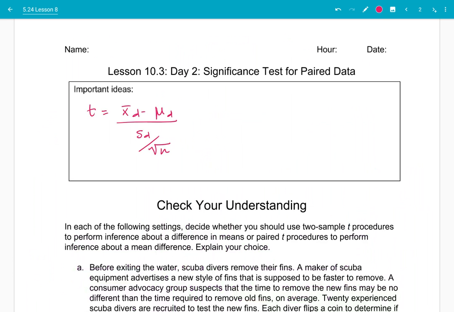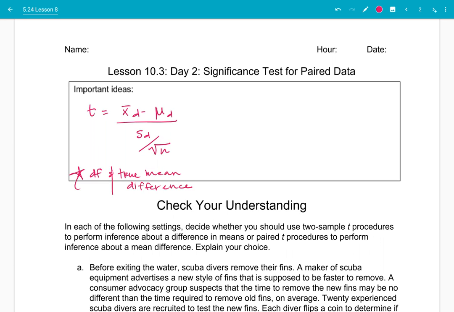You do need to make sure that you list your degrees of freedom on this one because it's not listed for you, and we are still talking about the true mean difference in the end when we word our conclusions and stuff.